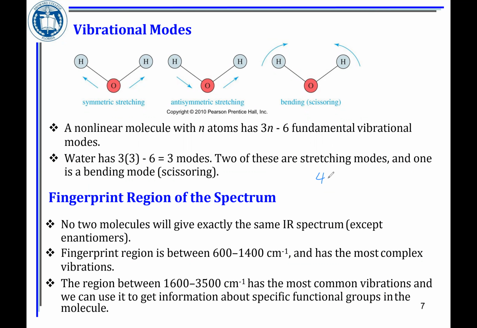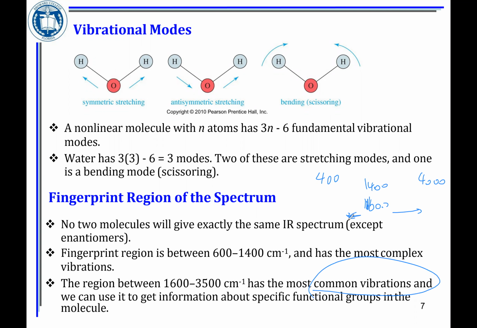For simplicity, I use 400 to 4,000, and I say 1,400, and then some books cut off at 1,600, and they use less than 1,600 as the fingerprint, and greater than 1,600 to 4,000 as the general region, which is where common vibrations happen.